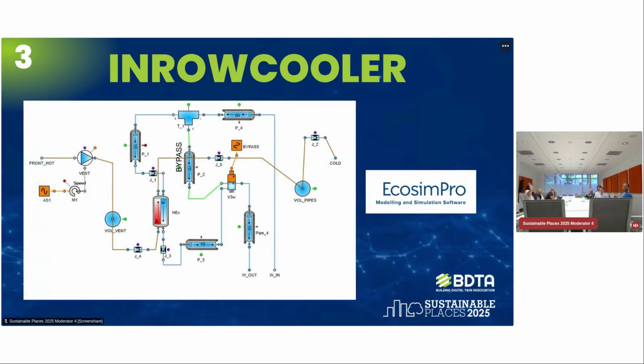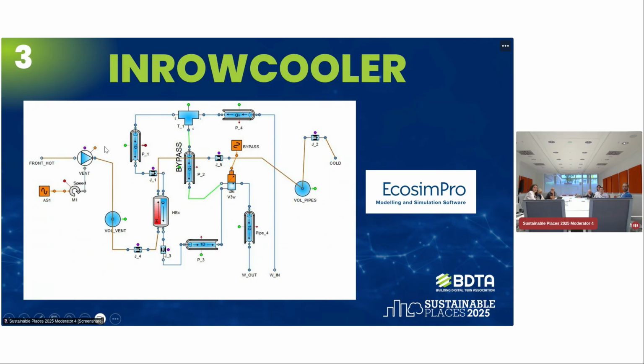And here we have the same example but in EcoSimPro. We have the heat exchanger here. Instead of a flow source, they have a fan. It's more or less the same. It's just to get an easier simulation in Simulation X, because it's more complex.